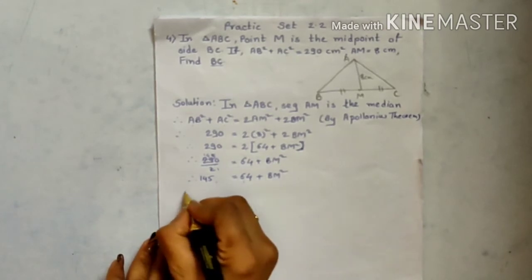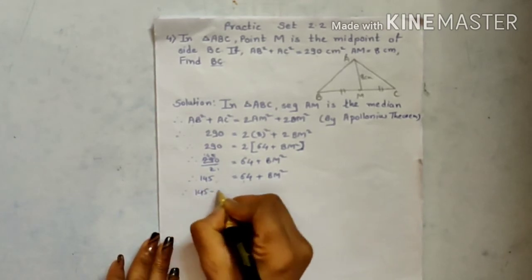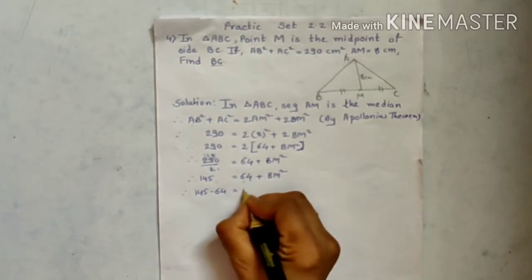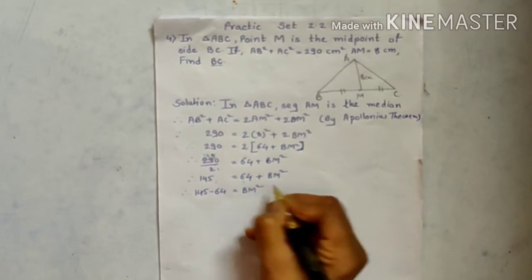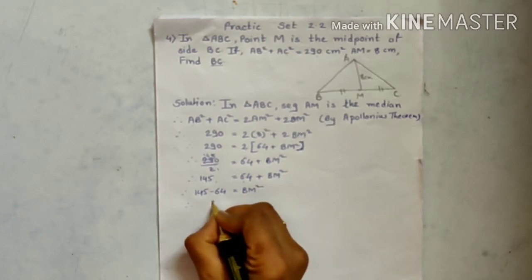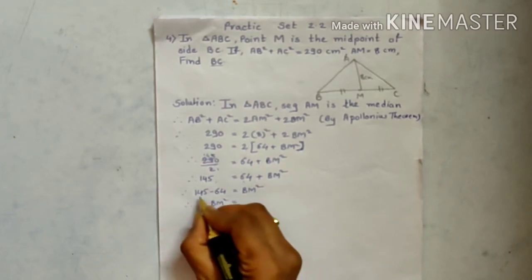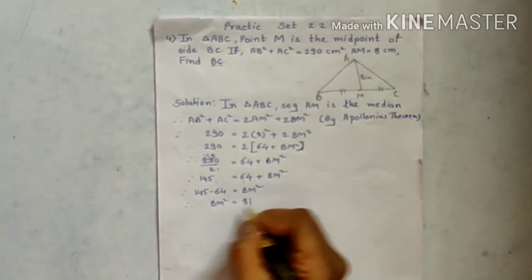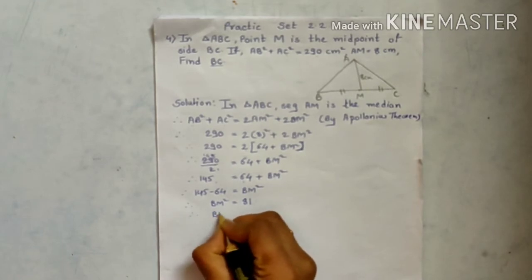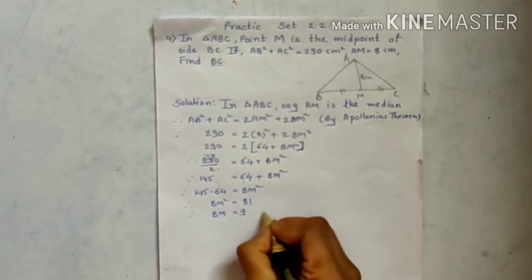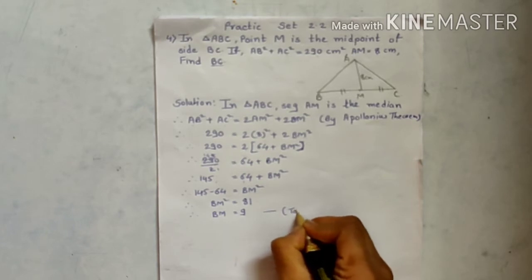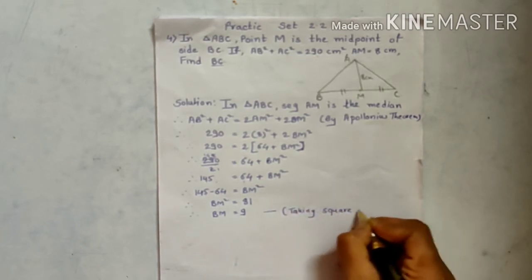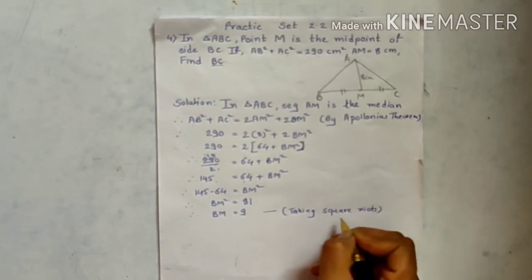Now 64 to the left hand side, it will go in subtraction. So 145 minus 64 is equal to BM square. Therefore BM square is equal to 145 minus 64, that is equal to 81. Therefore BM is equal to 9, taking square root of both sides.